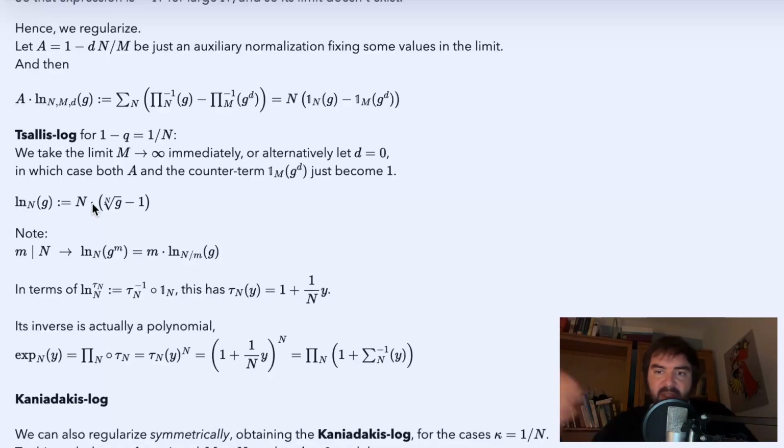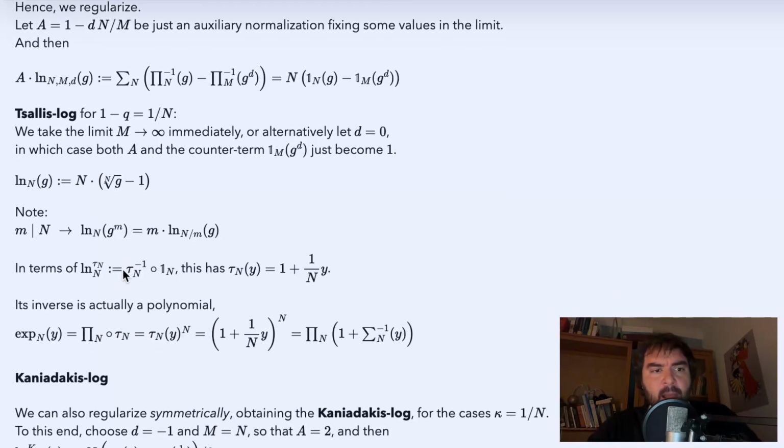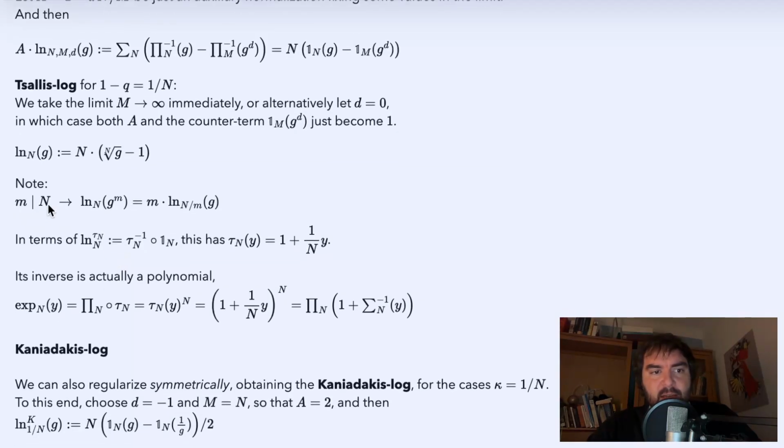Only in the limit is it between the positive real numbers and multiplication and the real numbers and addition. Here are the axes of the coordinates. But even for the finite n case, this structure is there. Okay, here note, if m divides n, then just because this is a root, you get this nice property.